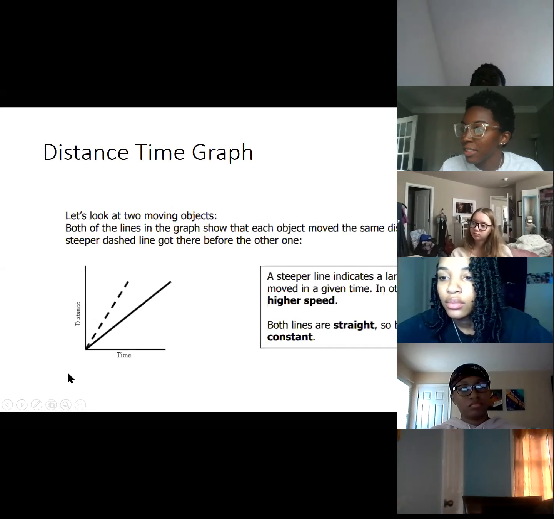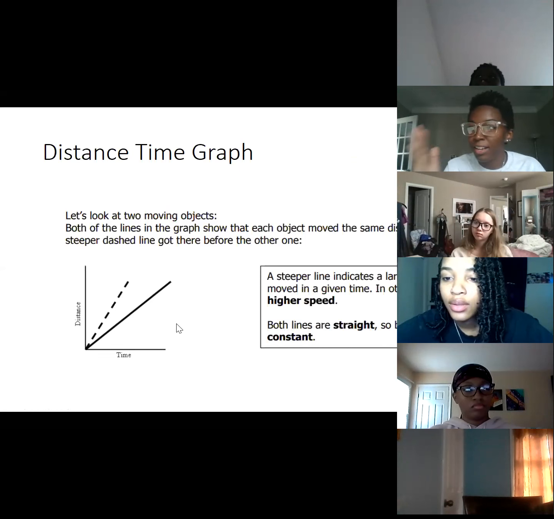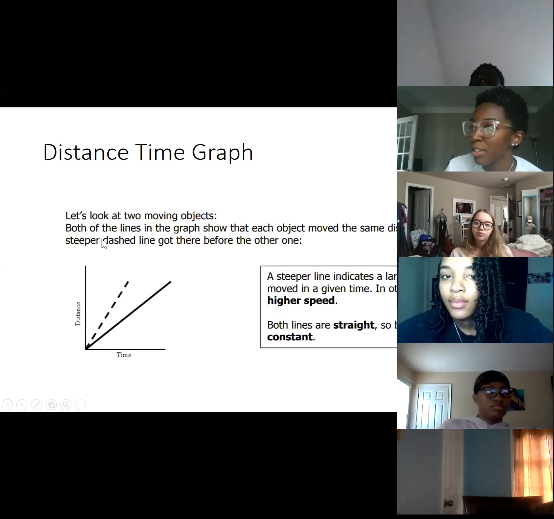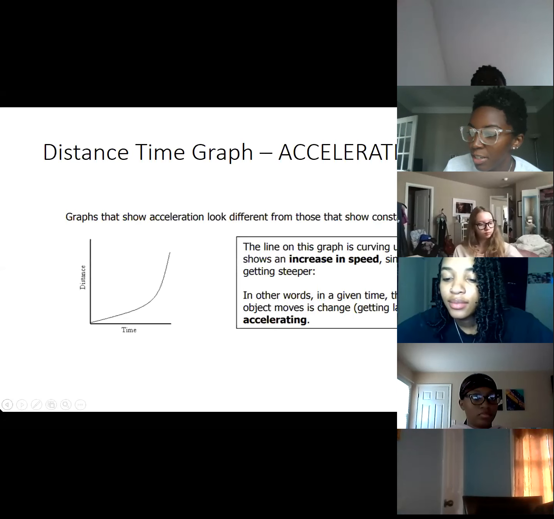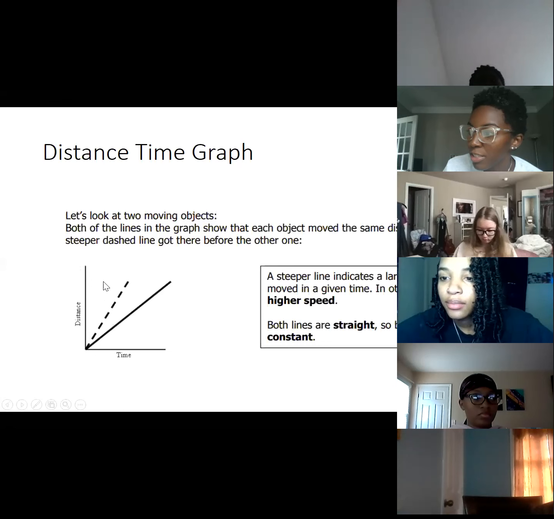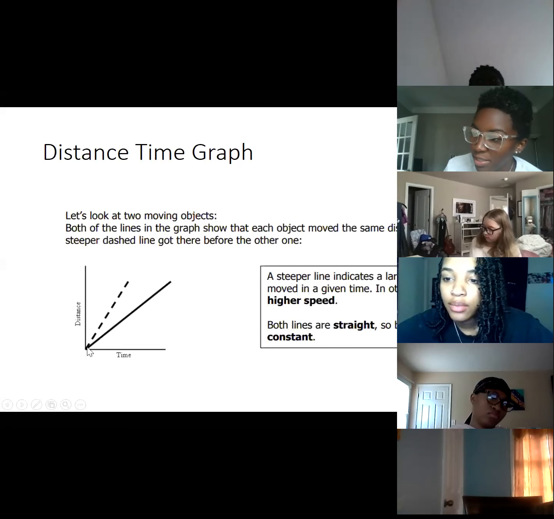Now let's talk about the difference between how those lines look. Both of the lines in this graph show that the object moved the same distance, because if I look across here, the distance is the same. But the time isn't. This one's steeper.